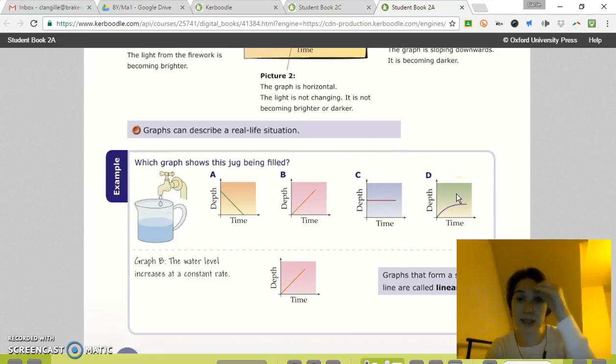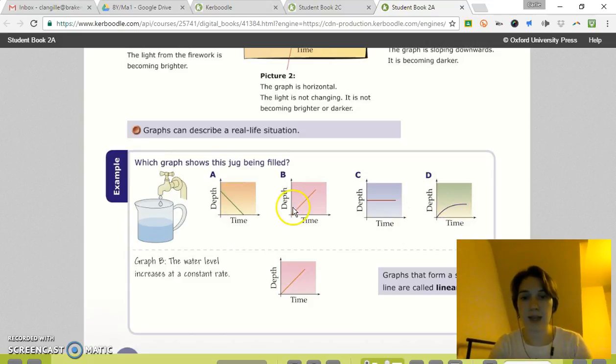And then if we look at D, D's saying, okay, so I started filling things up really quickly, and that's this curved part, and then things just kind of plateaued. So maybe the faucet was leaking for a little bit, and then you noticed and you turned it off, so there wasn't any more water coming in. Okay?